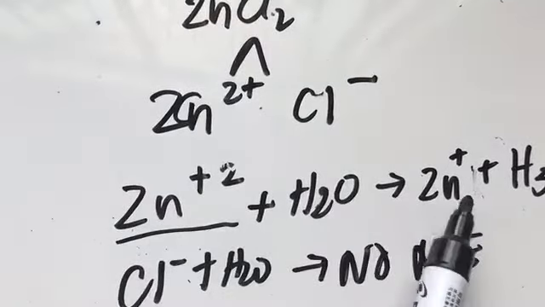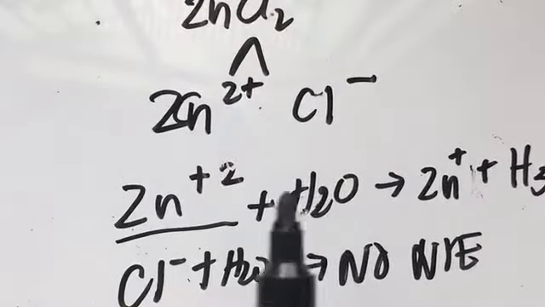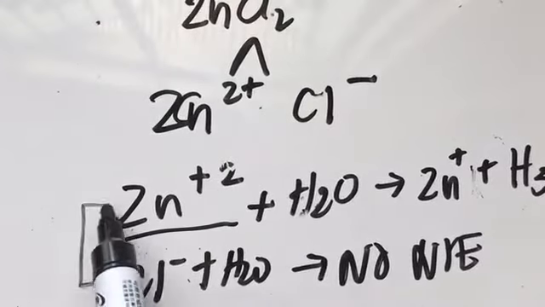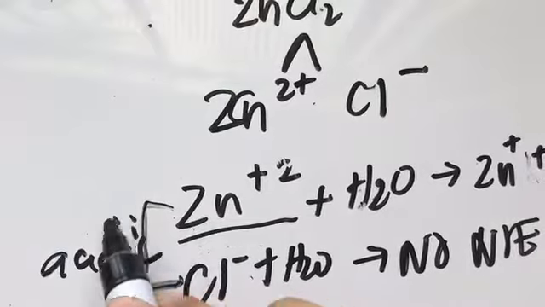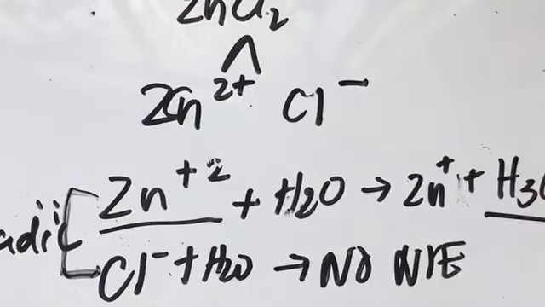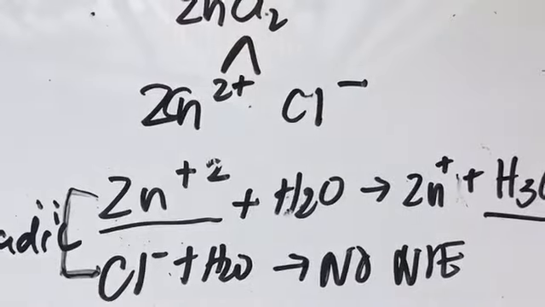Kasi pwede siyang mag-donate ng proton dito. Kaya magkakaroon tayo ng acidic solution because of the formation of the hydronium ion here. So, lahat ng diniscuss kong net ionic equation nag-coincide dun sa acidity, neutrality, or basicity ng bawat salt solution. So, tama yung pag-target natin dun sa problem.